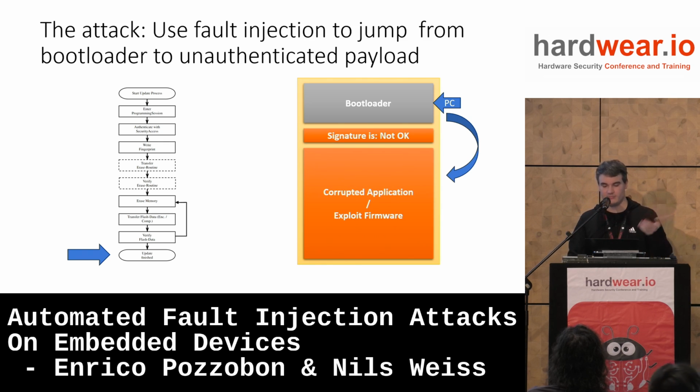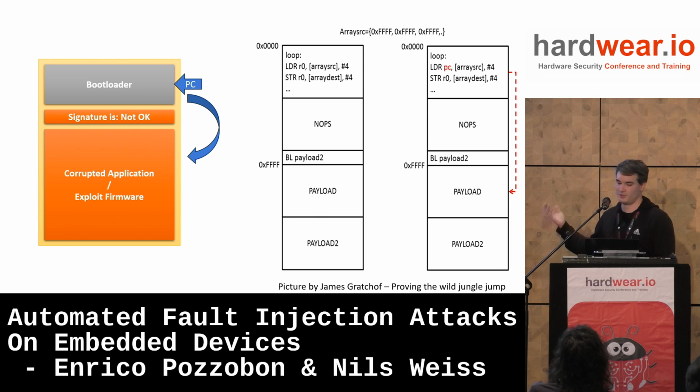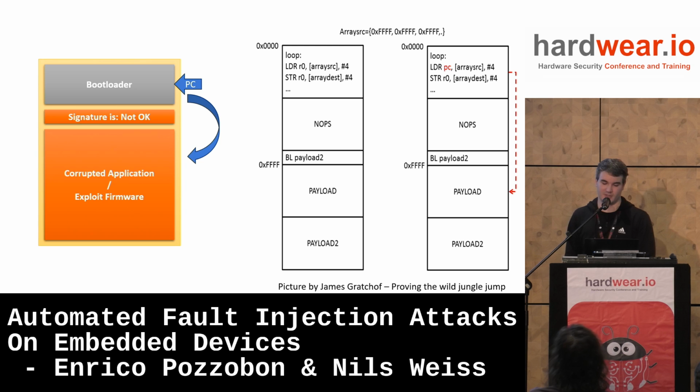So what we would like is to be able to jump directly to the corrupted application, to our exploit firmware. And if you notice, this looks exactly like the best case scenario for a wild jungle jump attack.